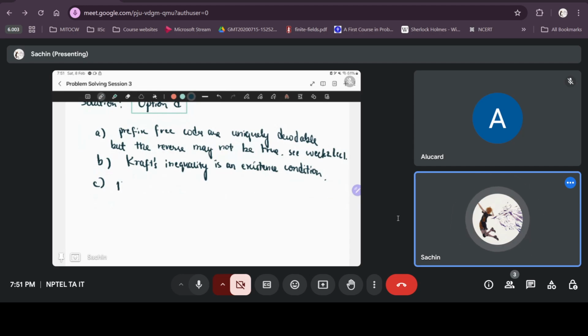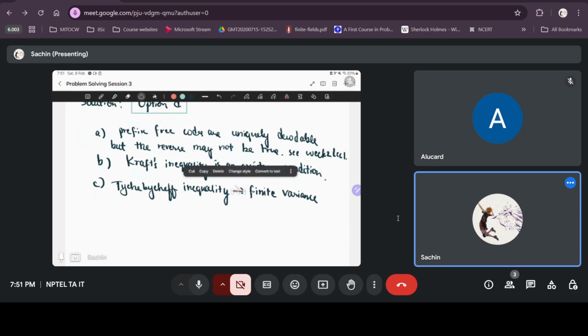C is false because Chebyshev inequality requires finite variance to use it, but the Cauchy distribution has infinite variance.